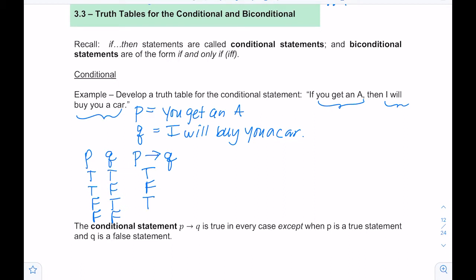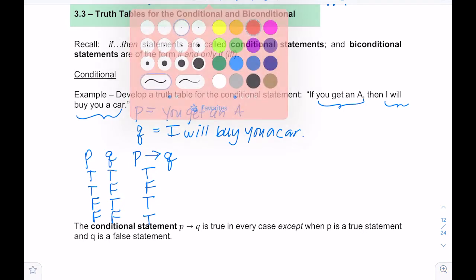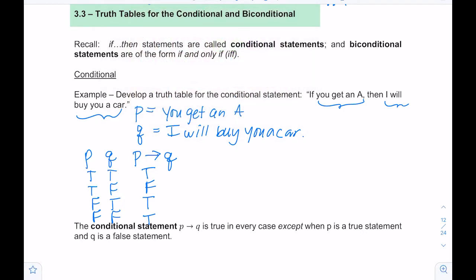And if you get an A, then I will buy you a car. Again, in this case, I did not break my promise of buying you a car because you didn't get an A. So that would also be true. So one of the things you want to remember here is assume the statement is true except when I've broken my promise to you.